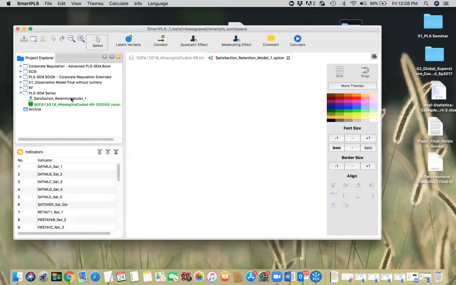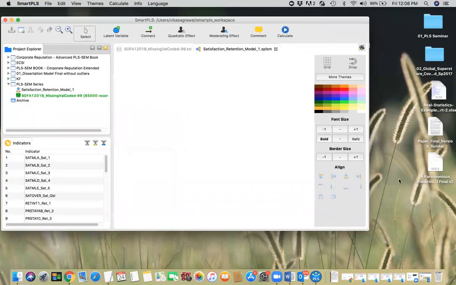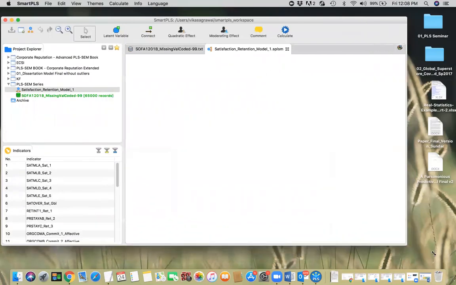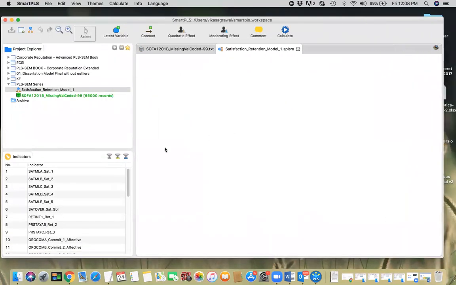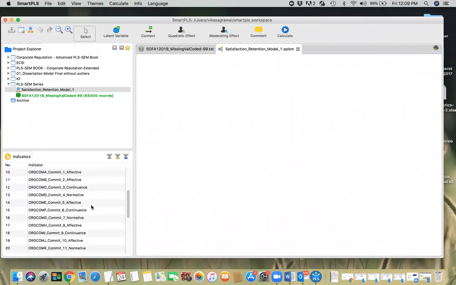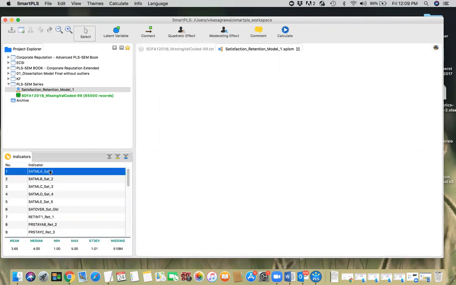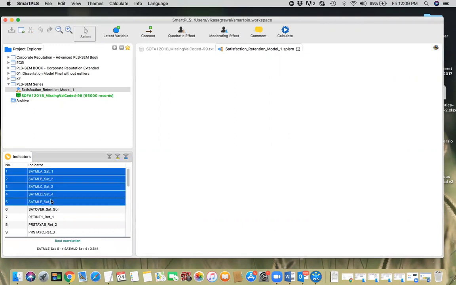Now, this is how the PLS software looks. We're going to click on that one, and that's going to bring out the color palette. And now we have all indicators here. Let's say we want to focus on 3 constructs first. I'm going to bring those satisfaction items. These are reflective items.